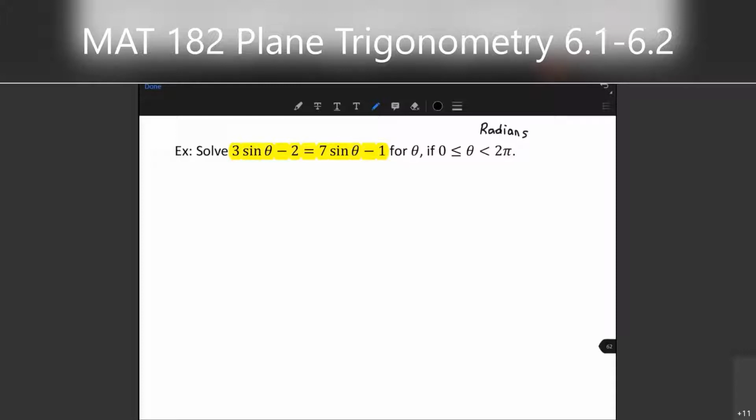To start here, notice that we have some sine terms and some constant terms on both sides. So we'd like to reorder those if we can. We could simply subtract 7 sine, to get the sine on the left side.